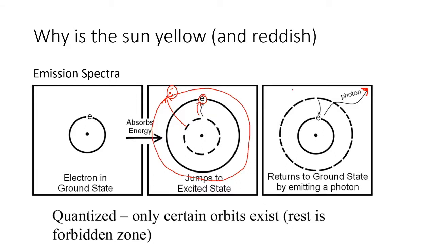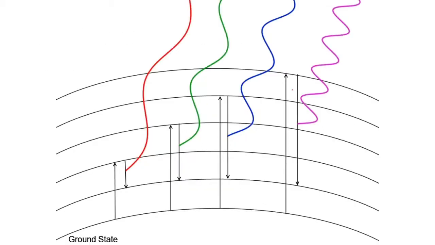That means on the way back down, there's only certain colors they can emit. So for example, for this atom, if it jumps up to this excited state and back down, it can only emit a red. Then here on the way back down, it only emits a green. And here it's going to emit a blue. Now you might say, well, why not kind of a green blue? I mean, we can make green blue with watercolor paints or something.